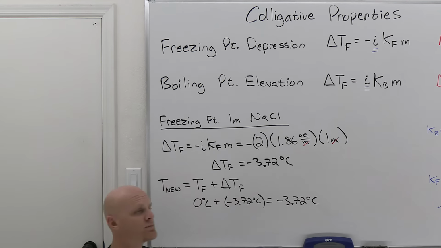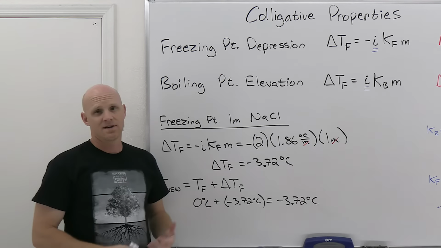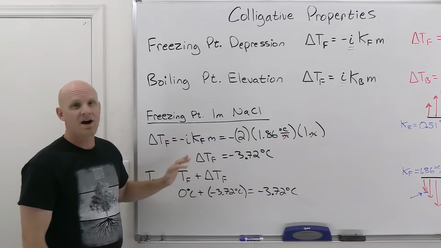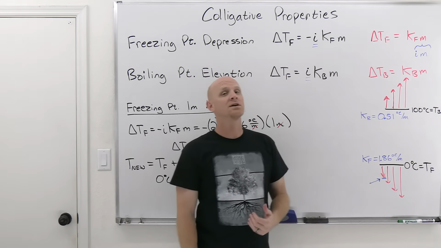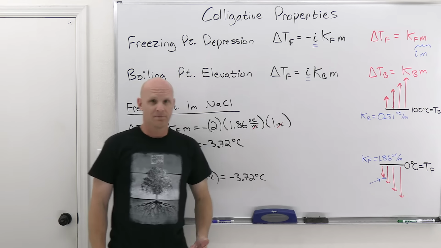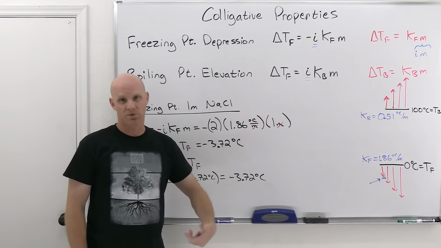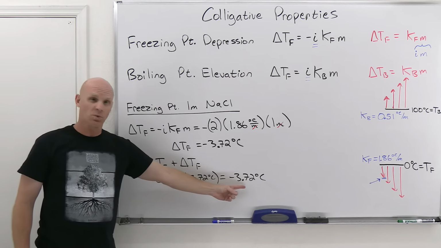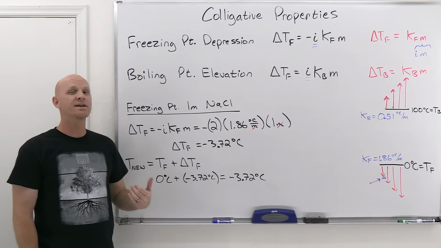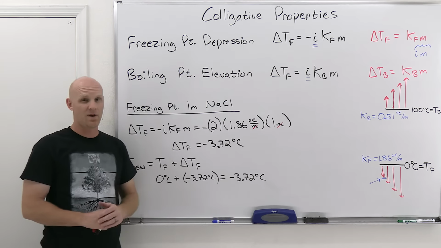And you might be like, this seems pretty redundant, Chad. And it is. But the key is this only works out this way because the freezing temperature for water was indeed 0 degrees Celsius. Had we given you some other liquid with, say, a freezing temperature of 20 degrees Celsius, then you would have 20 plus the negative 3.72, and you wouldn't have got negative 3.72 for the final freezing point. So I just want to make sure you'd seen it that way.